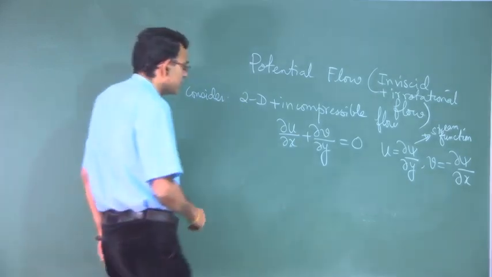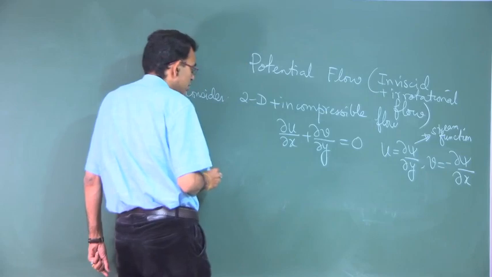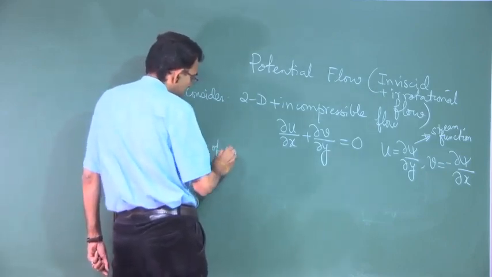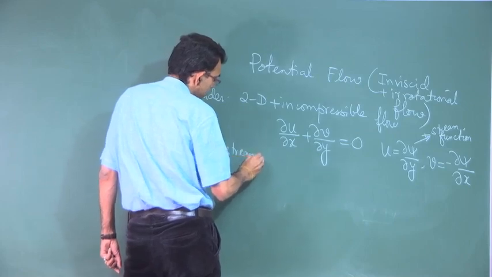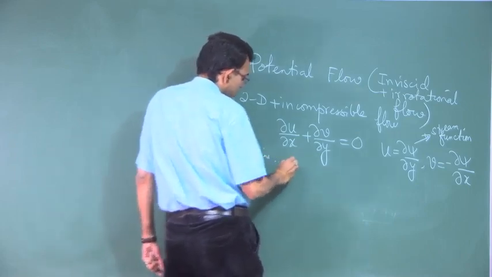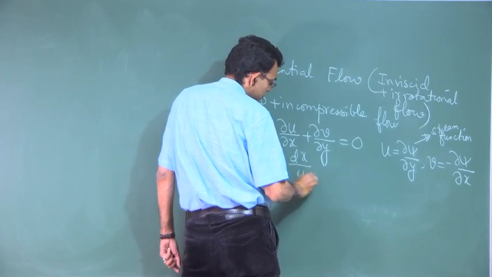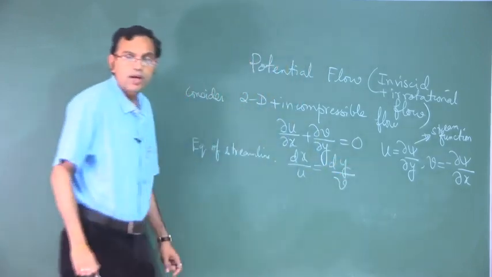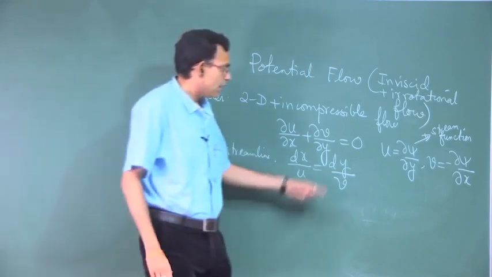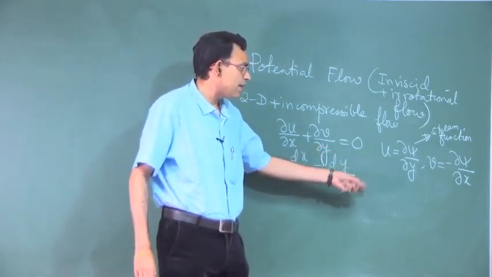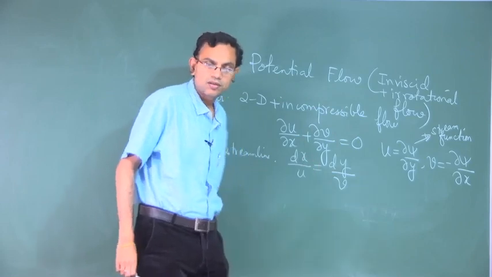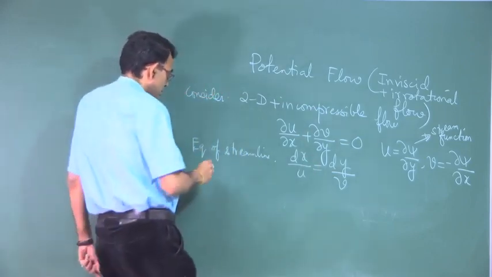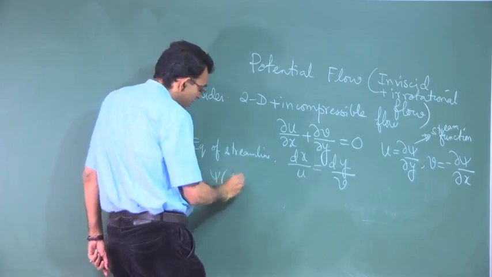So, how do you know that? You recall that the equation of streamline is dx by u equal to dy by v. I am not going to dz by w because it is a two dimensional flow. So, now psi is a function of x and y.